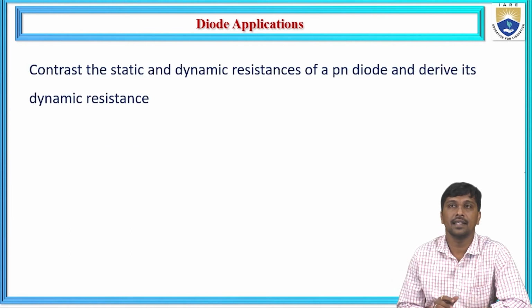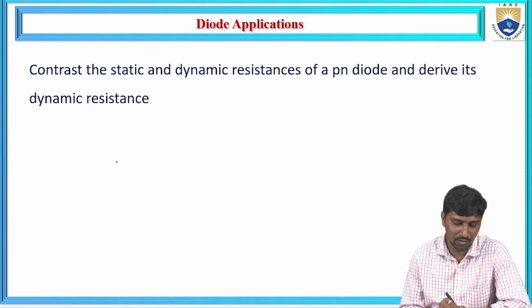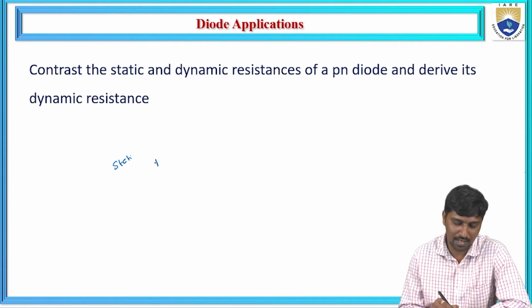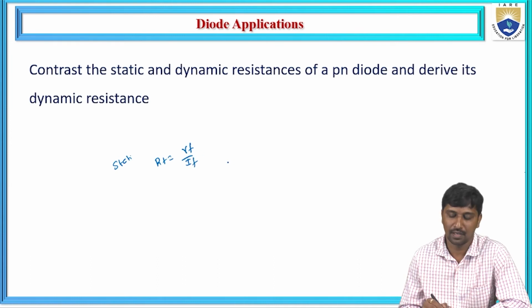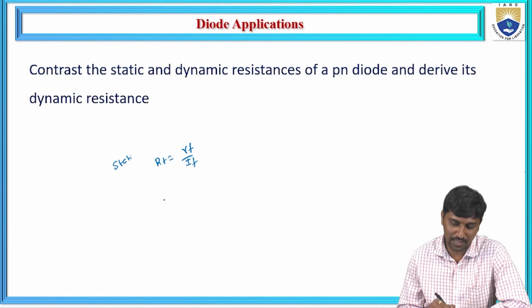Now contrast the static and dynamic resistance of a PN diode and derive its dynamic resistance. Generally we know that static resistance is defined at any particular operating point. It is the ratio of the voltage across the diode to the current across the diode. Similarly we need to calculate the dynamic resistance. What is the dynamic resistance?